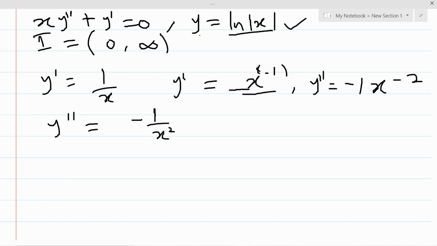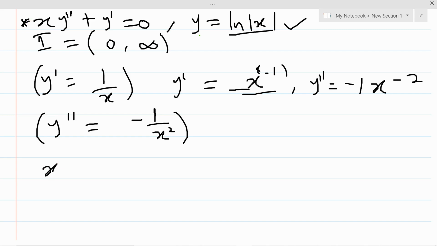So from this, it means that if I put y prime prime and y prime back into the original differential equation, I should get 0. That is what this means. So let's put y prime prime there.